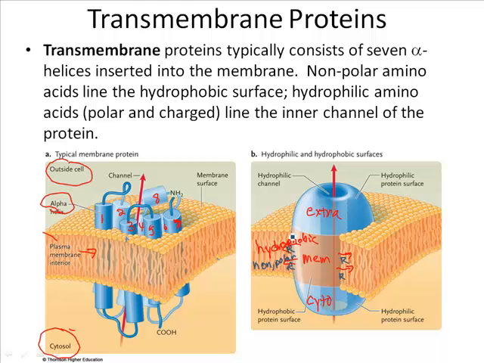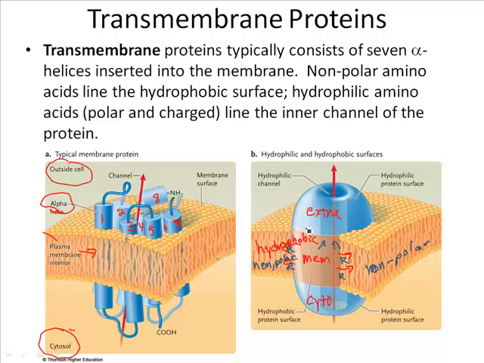I've always been consistent. If you look at the environment here, these fatty acid tails are non-polar in nature. Therefore, non-polar amino acids are going to be able to interact on the surface of this specific part of the protein. Therefore, what type of amino acids are going to line this channel?